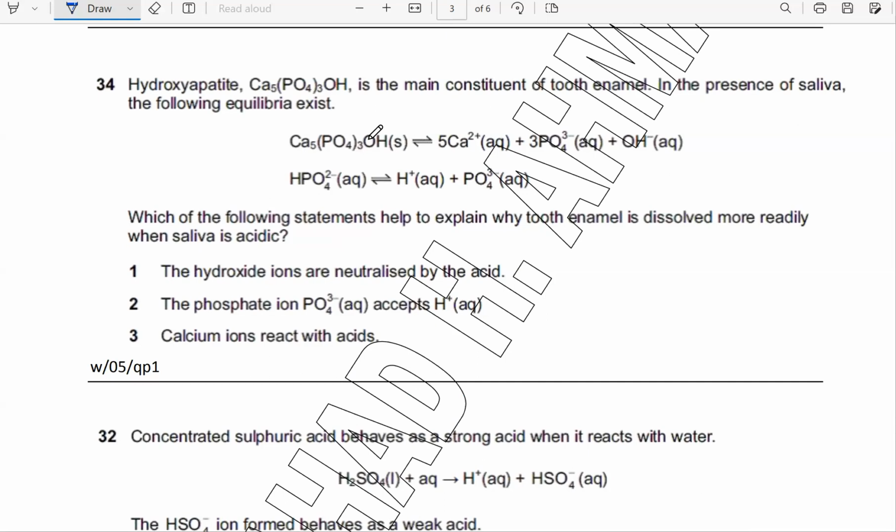Is it number 2? What about the first one? If the conditions are acidic, the hydroxide ions are neutralized, right? So the OH ions decrease. So what will happen? Where would the equilibrium shift? Towards the right. So it's going to dissolve, right?